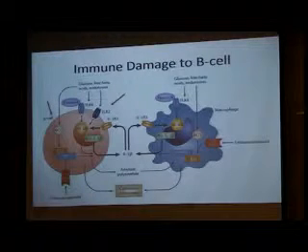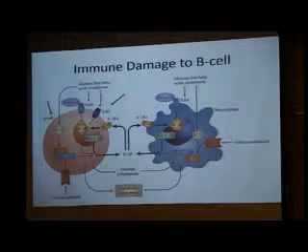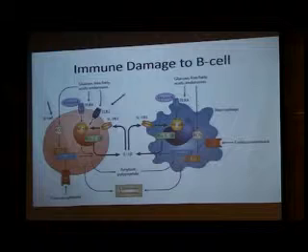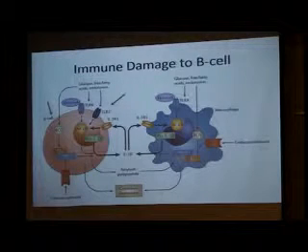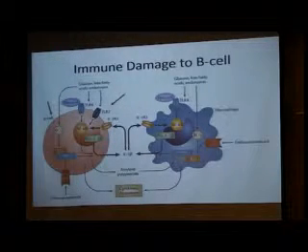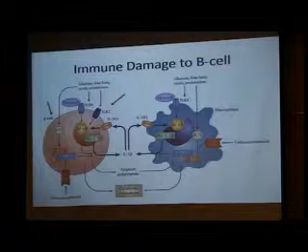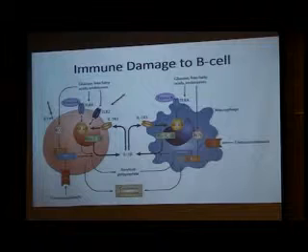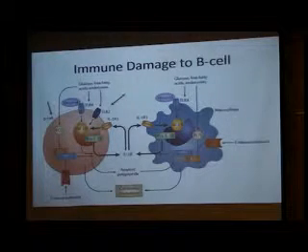Whenever there is excessive flux of events within the beta cell, too many reactive oxygen species are secreted. Reactive oxygen species are damaging to the internal mechanisms of the beta cell. Another pathway is the typical inflammatory cascade through toll-like receptor 4.